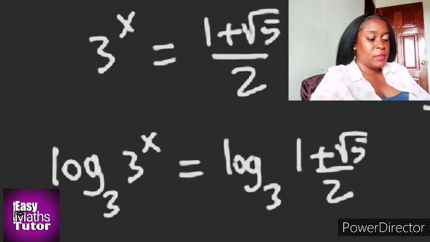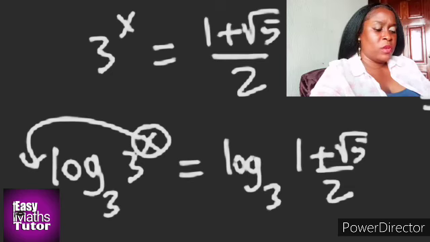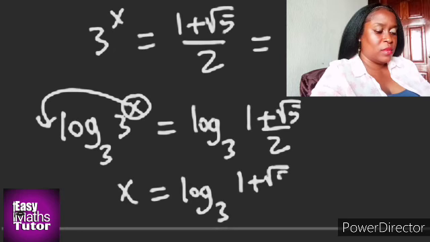So the power x comes to the front, giving us x equal to log base 3 of 1 plus root 5 over 2.